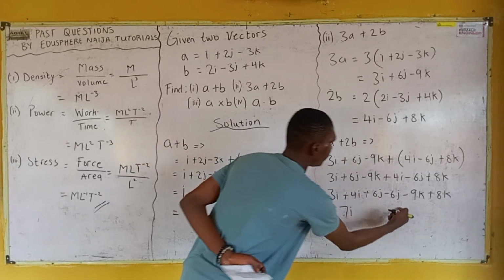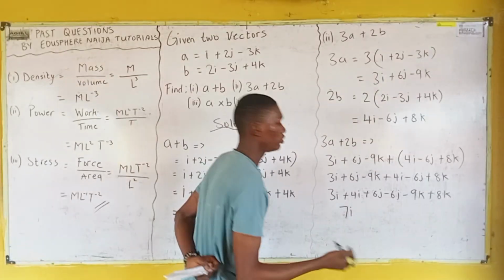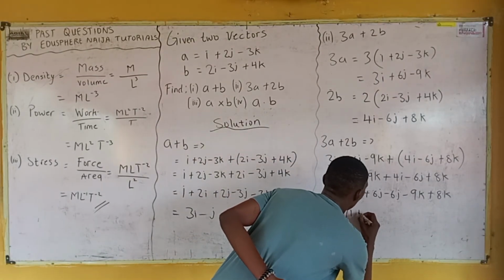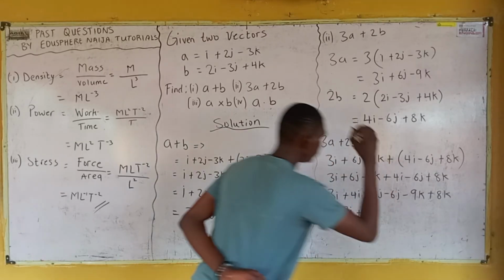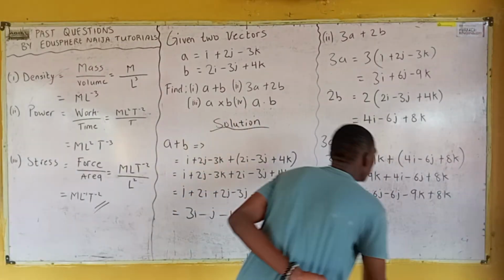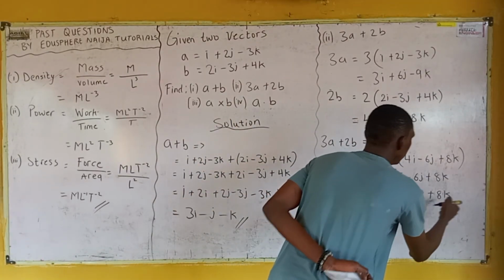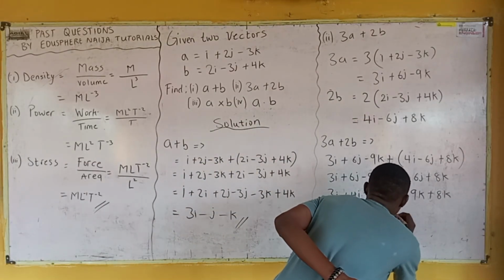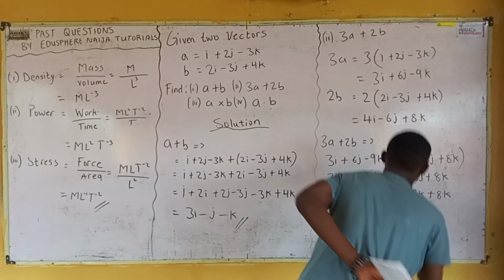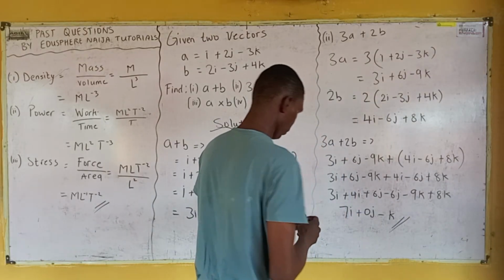Then 6 minus 6 is 0, so plus 0j, take note. Then minus 9 plus 8 gives us minus k, and that is our final answer for that.